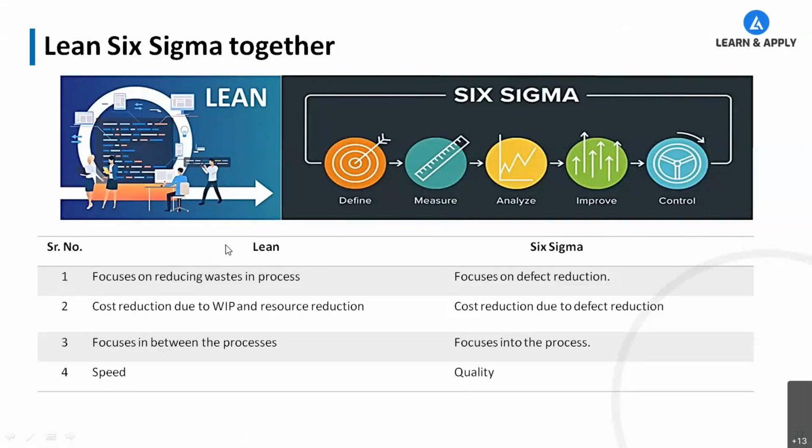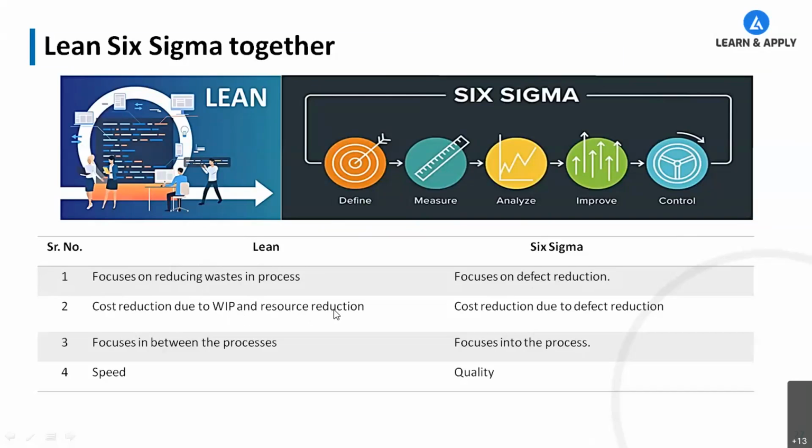Okay, so if we see the Lean, Lean's focus is on reducing waste in the process. Wherever there is a waste, that should be reduced. So that was the focus of Lean. And the Six Sigma approach was defect reduction, right? The spread we have seen, the defects level to 3.4 DPMO. Second was cost reduction due to WIP, work in progress, and resource reduction.